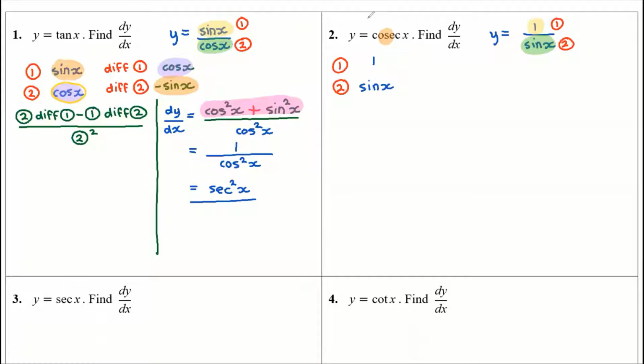The derivative of each of those is very straightforward indeed. If I differentiate each of those, the derivative of 1 is 0, since it's a constant which will disappear, and the derivative of sine x is, of course, cos x. Now we can apply the diagonal multiplication using the quotient rule: function 2 multiplied by the derivative of 1. So let's write down dy by dx now.